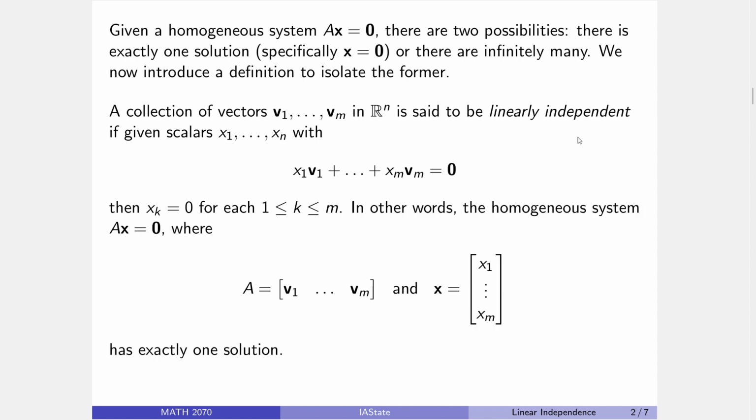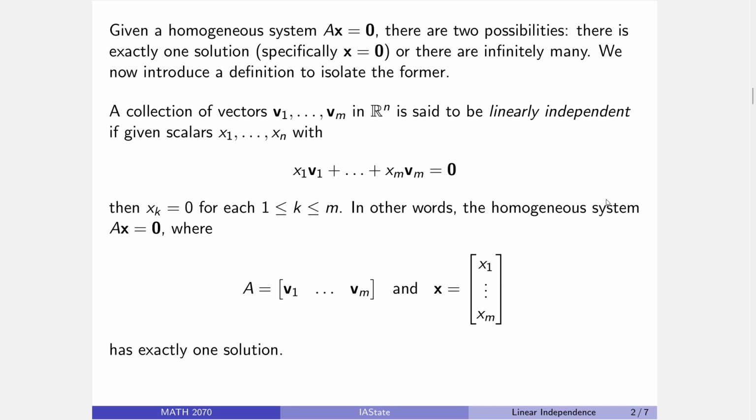So immediately we see that this is just a reformulation of asking that my homogeneous system has exactly one solution. Right? Recall that matrix multiplication, A times X, corresponds to this precise linear combo, where here we've got the columns of the matrix, and the scalars are the entries of the vector.